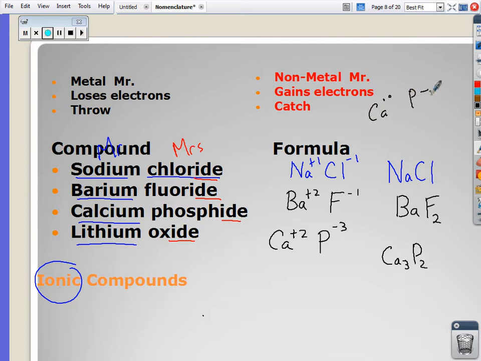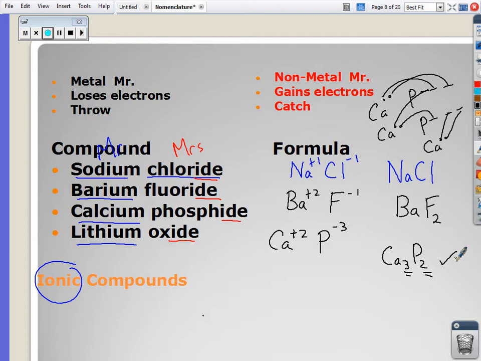Phosphorus has 1, 2, 3 mitts. That works, except phosphorus needs another ball. That works, except you need to get rid of that ball, so you need another phosphorus. That works, except you have 2 more mitts. So now look at that. What do you see? 3 calciums and 2 phosphorus. And that's why that works.